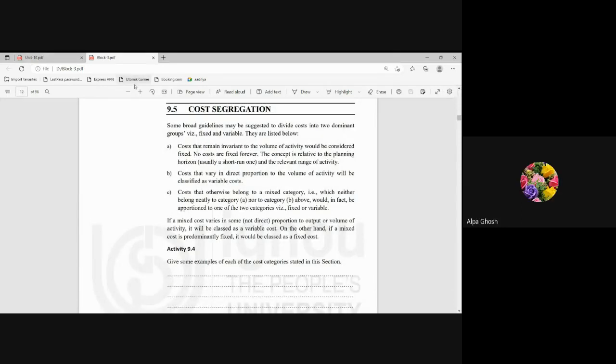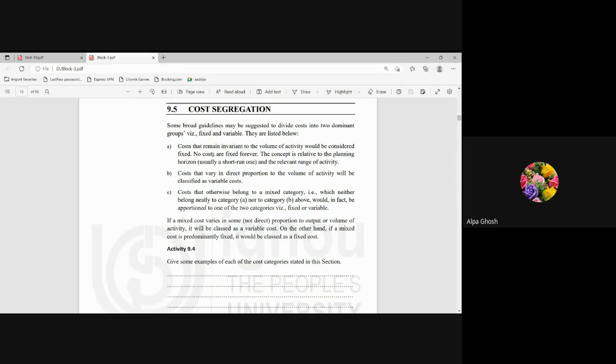Now we come to cost segregation. What does segregation mean? How to find a difference. We want to note the difference. Some broad guidelines suggest we need to divide the cost into two dominant categories, and these two costs are fixed and variable cost.